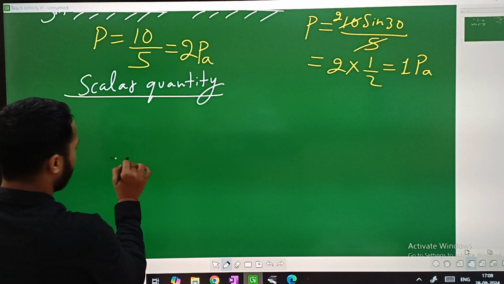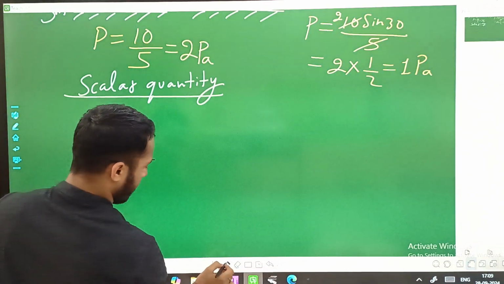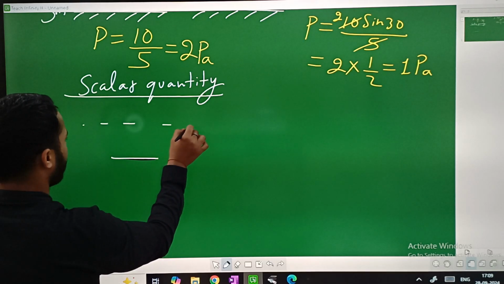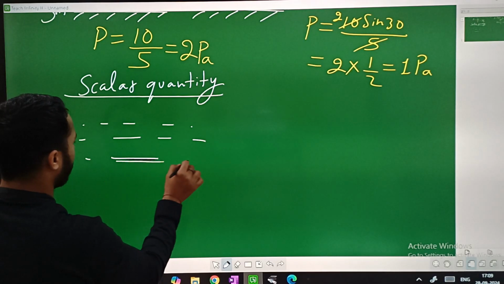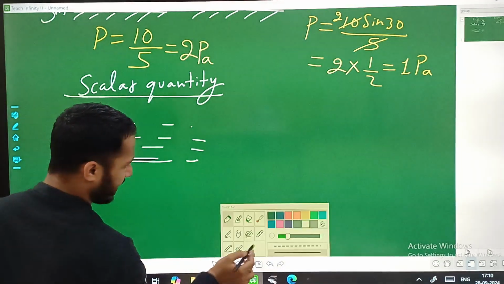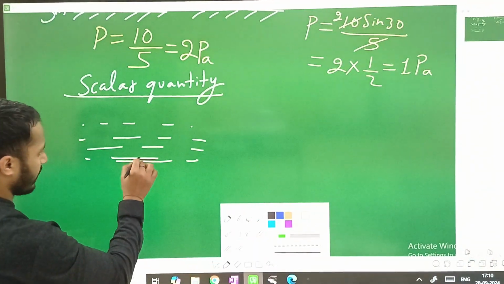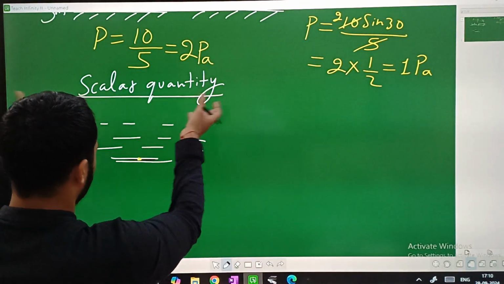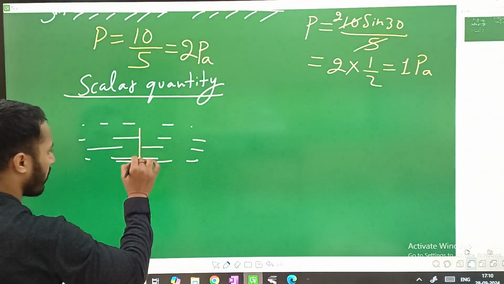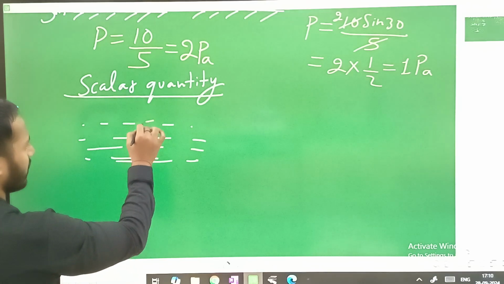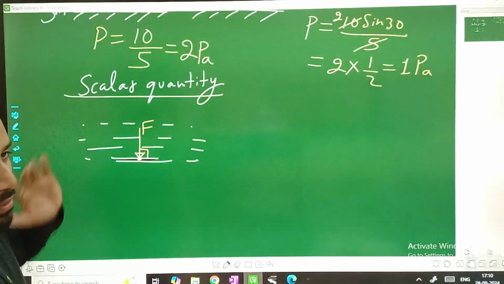I am just taking one example. Suppose this is a surface placed in fluid. Over this surface, I am taking one point here. Suppose the force because of this fluid will act normal to this surface. This will be the direction of force.